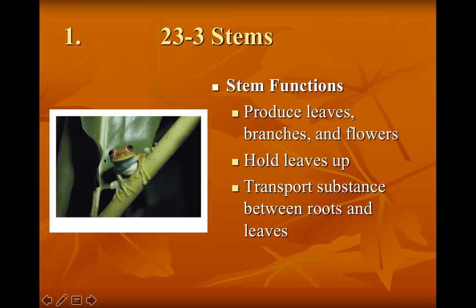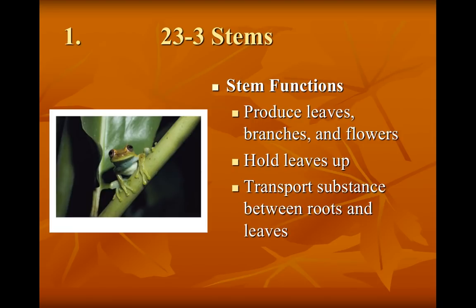Not only that, but the stems end up being almost like a highway between the roots and the leaves. So in order for water to get from the roots to the leaves, it has to go through the stems.